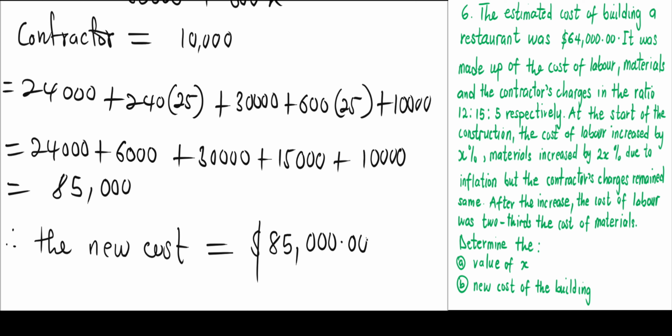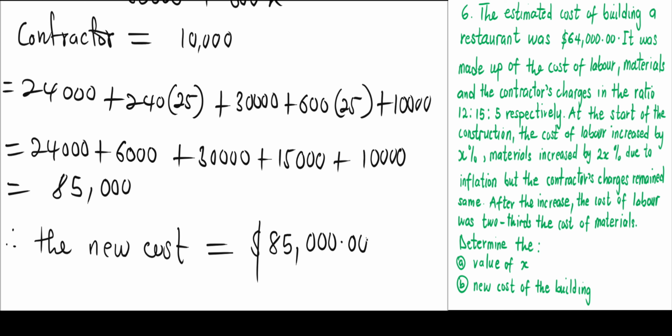And it was stated that the cost of labor increased by x%. So because it has been increased, meaning the cost will be higher now, you need to add. If it was decreased, then you need to subtract. But this one, it was increased.